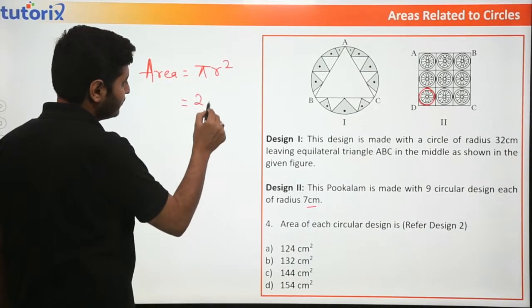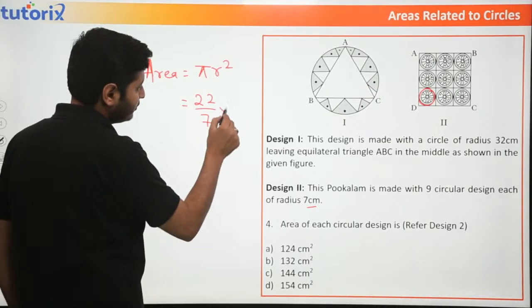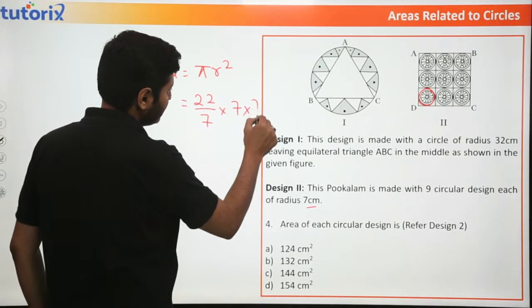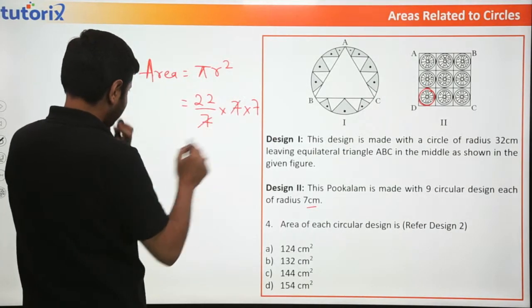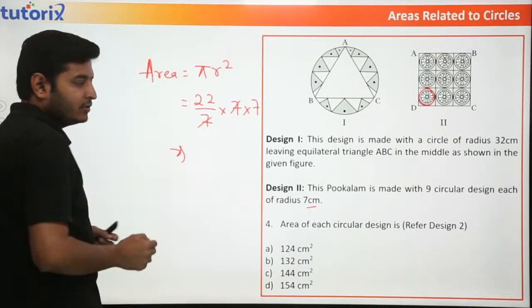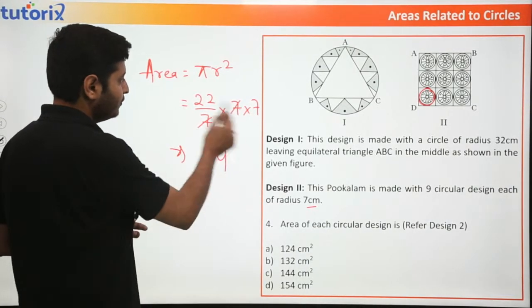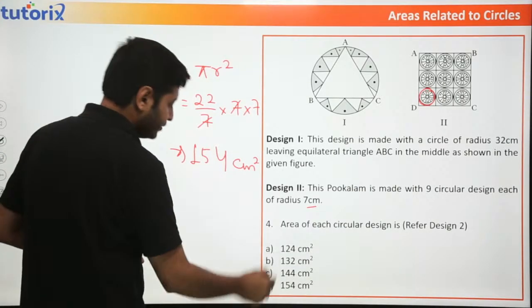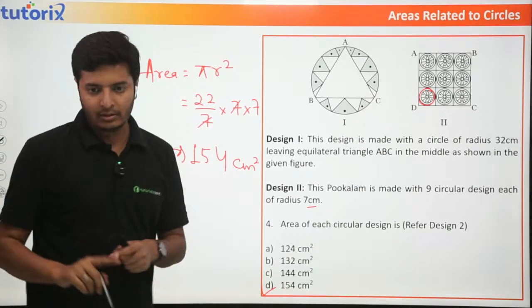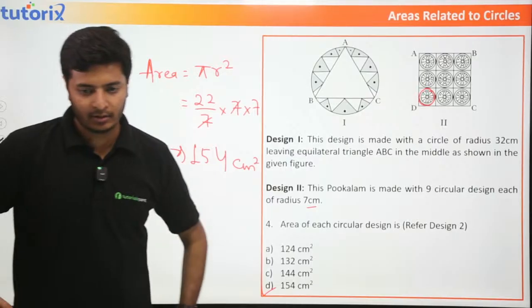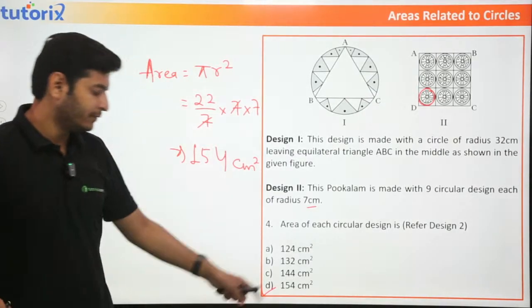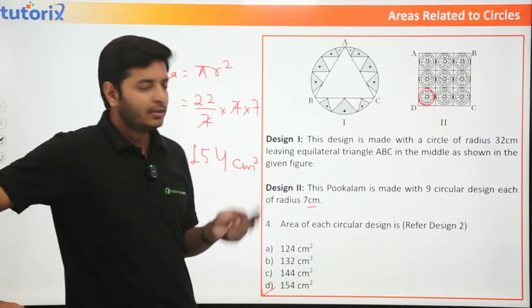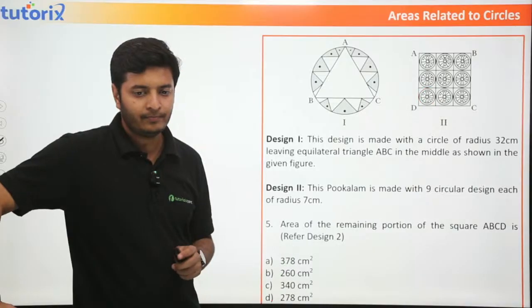That will be 22 by 7 into 7 into 7. 7 7 cancel. 7 2s are 14. So 4. 14 again. 1 carry. So 154 centimeter square. Last one D. Yeah. Yes, this time correct, Adya. Yes. 154.